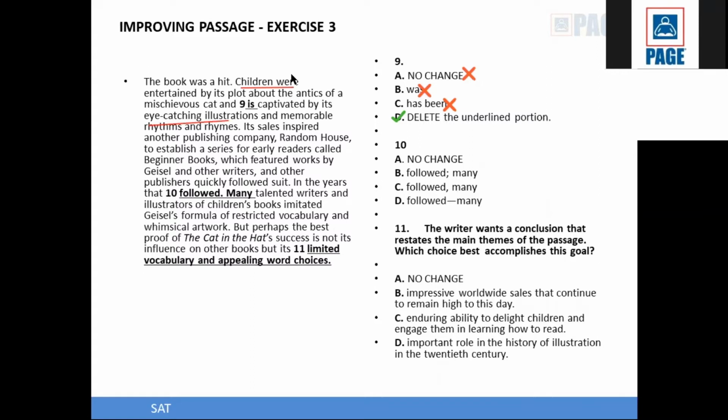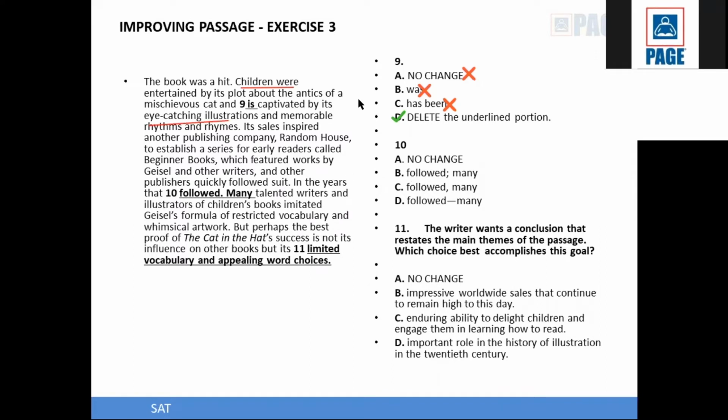Some are giving the answer. So the 10th one, C. In the years that followed, comma, many talented writers and illustrators. We cannot go with the semicolon because a semicolon should have a complete sentence. In "in the years that followed," we do not have a subject or a verb.